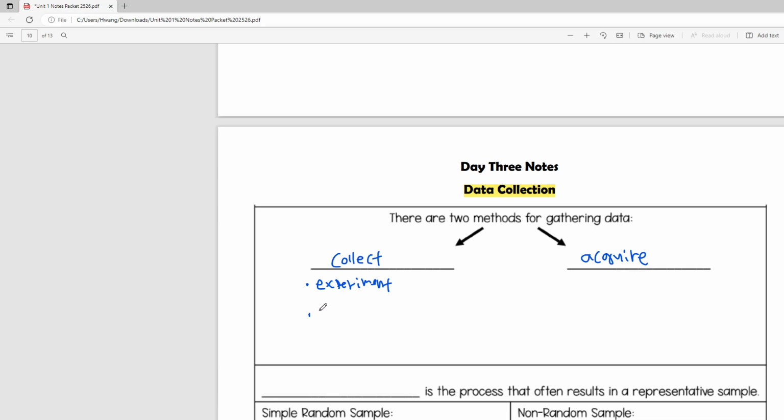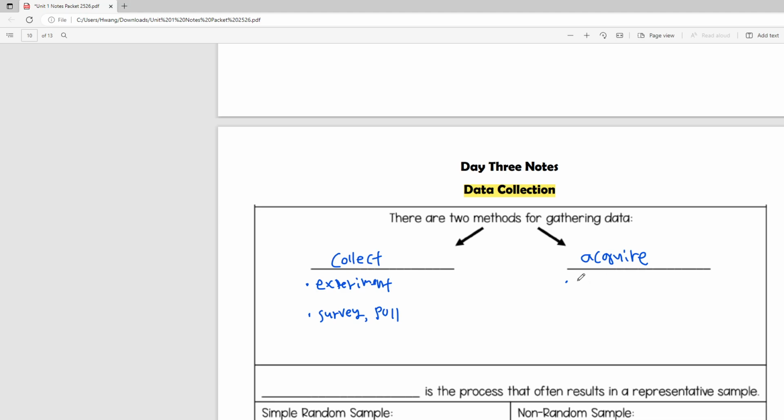Another good example for collecting data would be a survey or a poll. A survey is a good way to collect data, and like I said, you are gathering new information when you are collecting data.